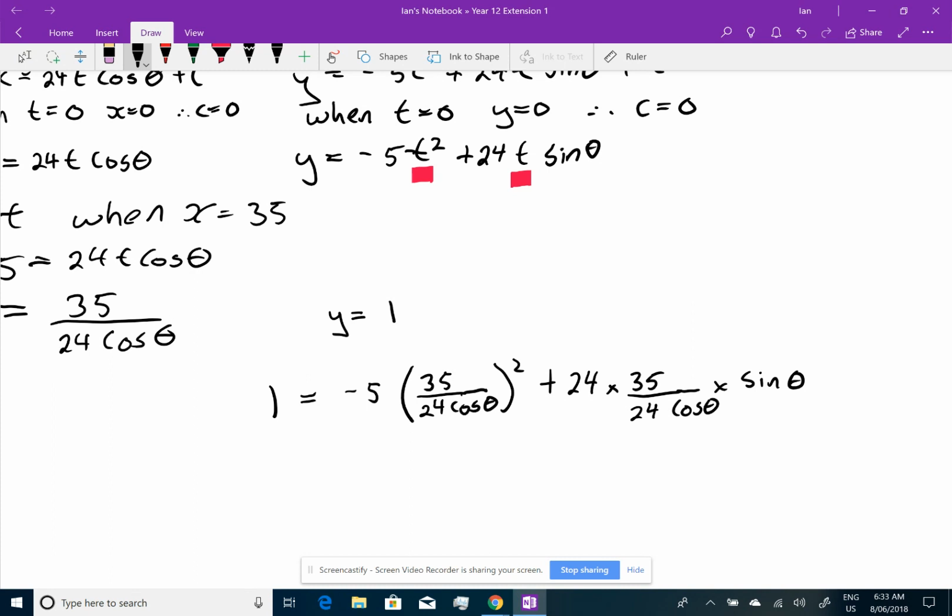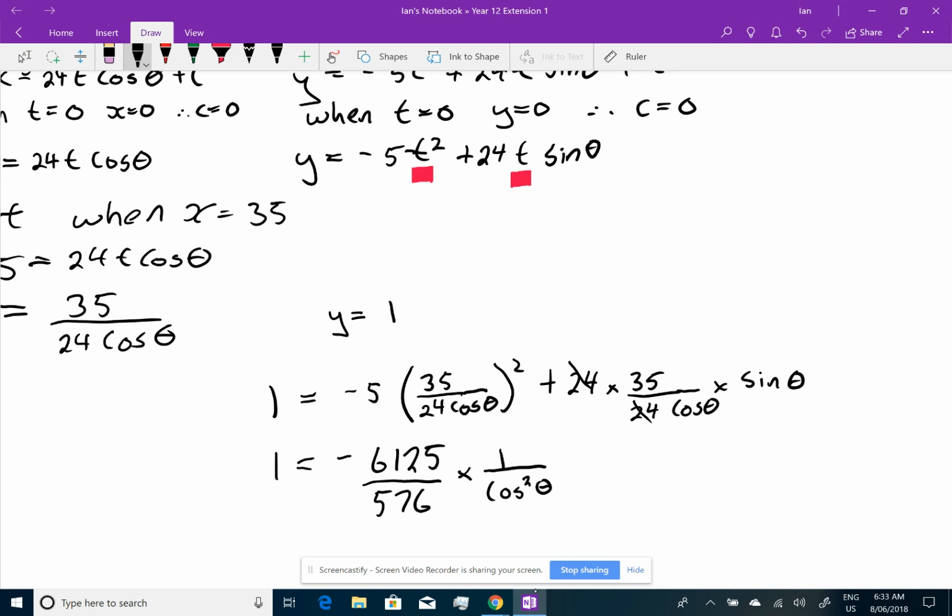Let's tidy this up a bit. So I get 1 equals minus. Now, if I do that multiplication, I will get 6125 over 576, that's what 24 squared is, times 1 on cos squared theta.